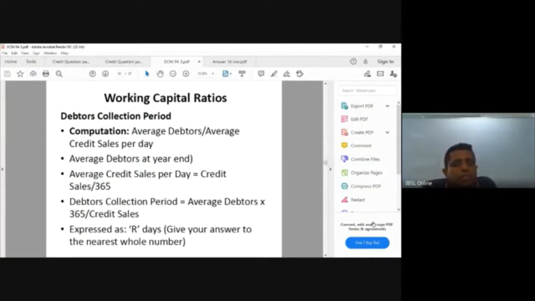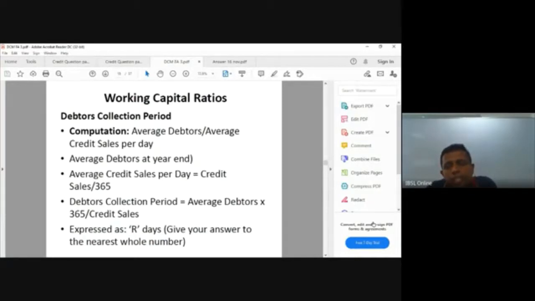Here we take the number of days your debtors will take to repay their debts. The lower the number of days, the better it is.